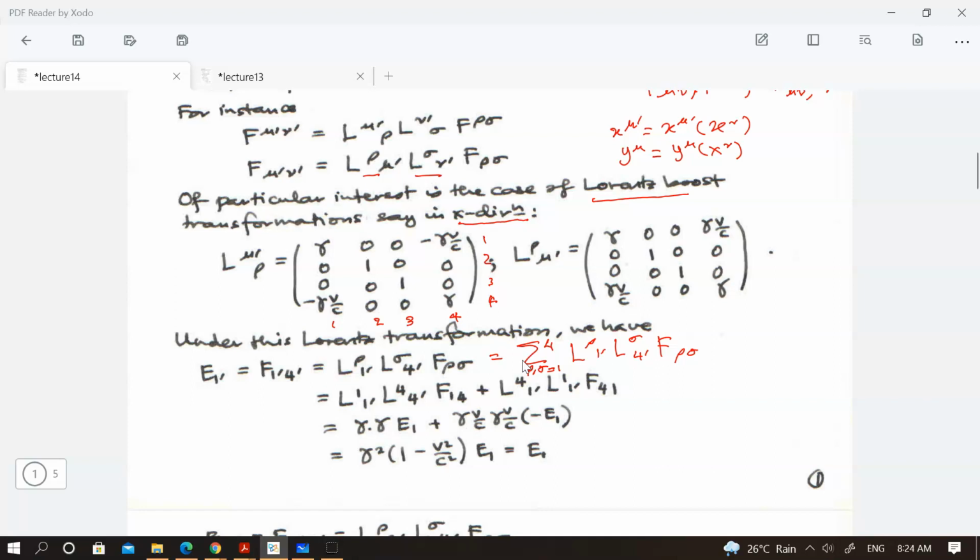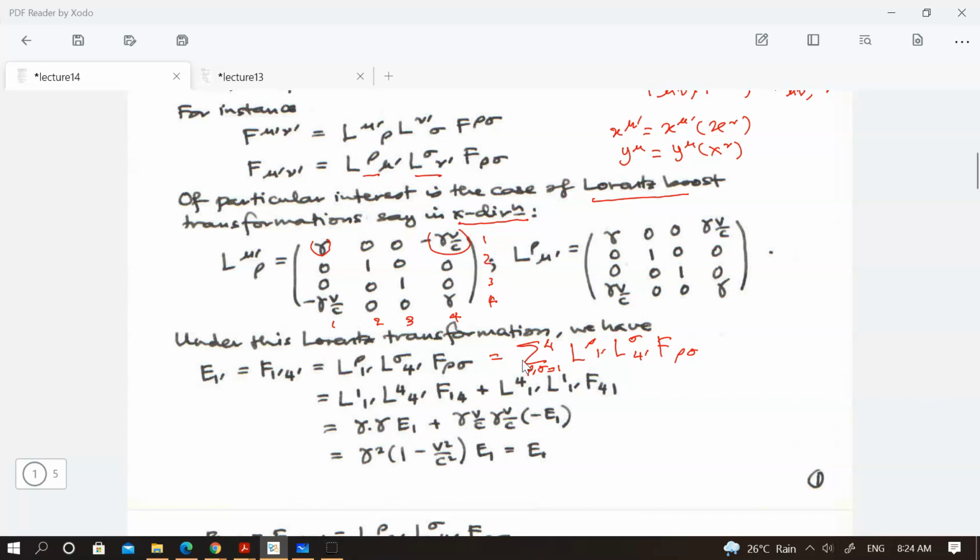In particular, we look at this case of the Lorentz boost. The Lorentz boost has non-zero components in the first column and the fourth column, and zero elsewhere. The same thing here: in the fourth row, there will be the first column and the fourth column.